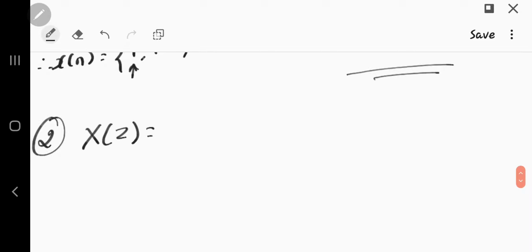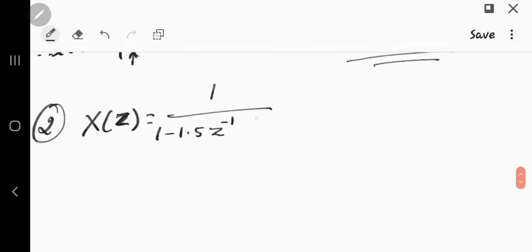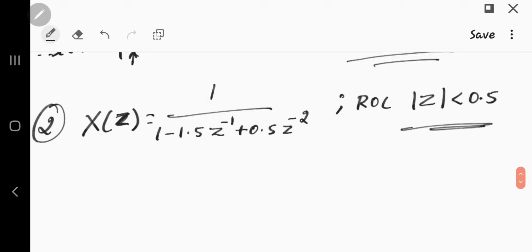X of z is equal to... I'm not going to mention find the inverse z transform using power series expansion method, because I'm taking the same problem with the ROC changed. With ROC |z| less than 0.5.